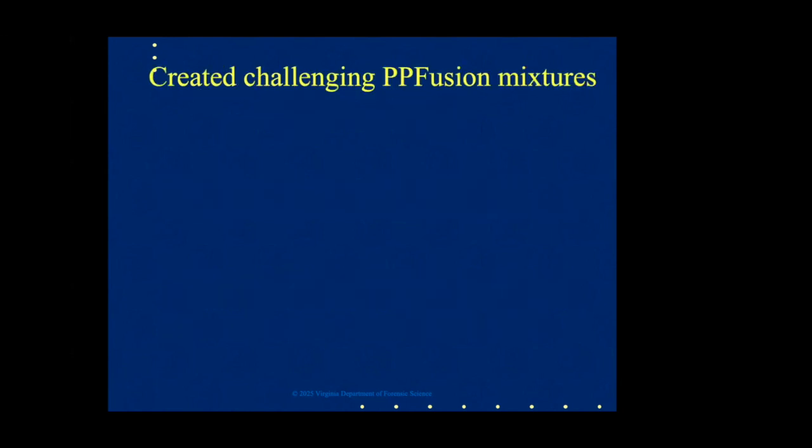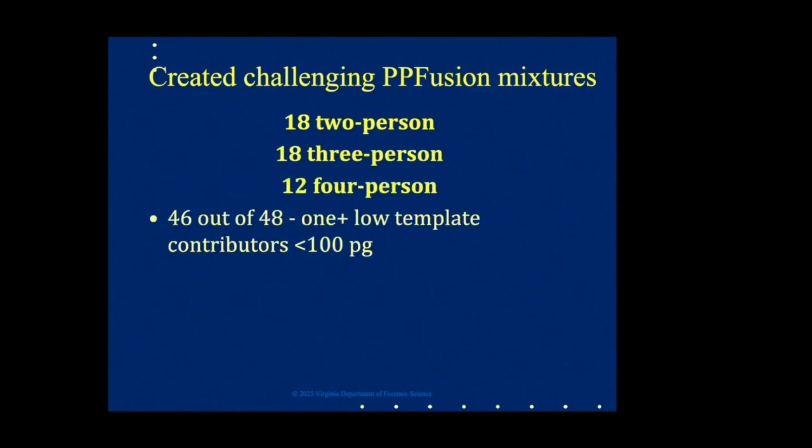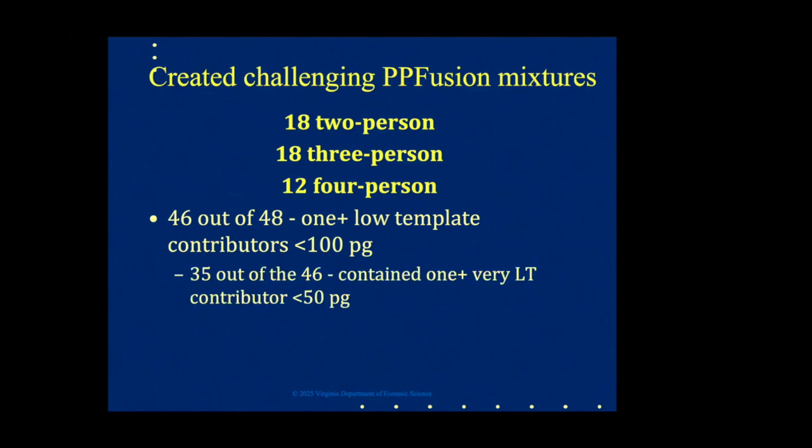Okay, next. So I created challenging PowerPlex Fusion profiles. This is Fusion 5C: 18 two-person, 18 three-person, next, and 12 four-person. Next. 46 out of the 48 mixtures had one or more low template contributors below 100 picograms. Next. And 35 of the 46 contained one or more very low template contributors less than 50 picograms.